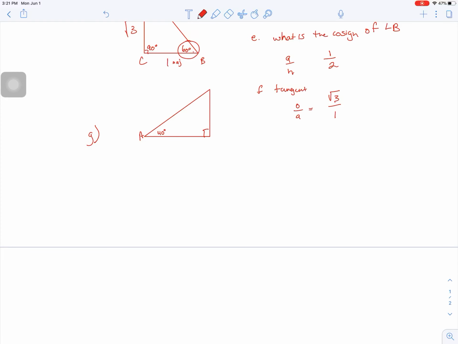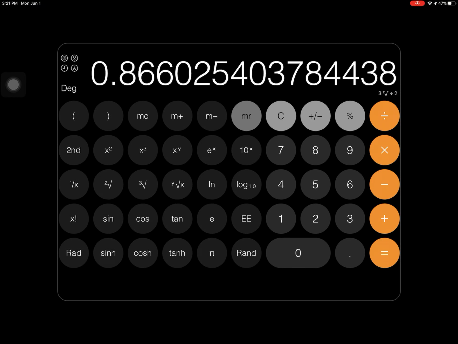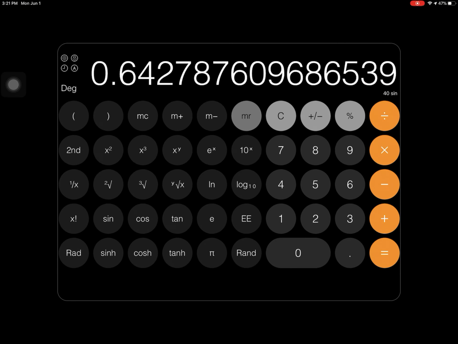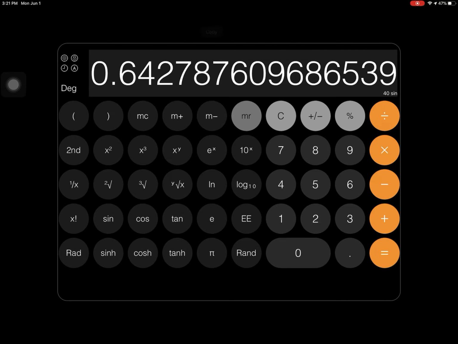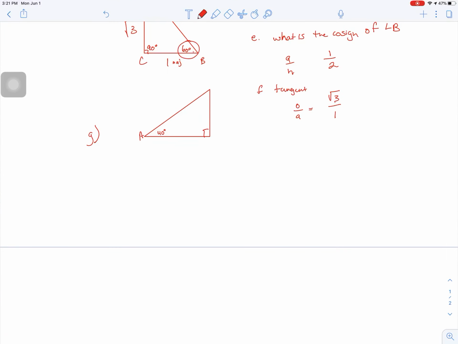Here's where you use your calculator. We know that A is 40 degrees. We go to our calculator, we go 40 degrees sine. And let's take the first three decimal places. 0.642, we round it up, so 0.643.